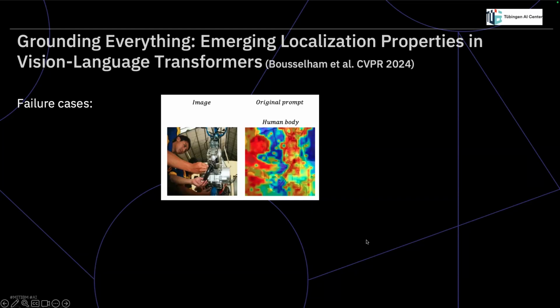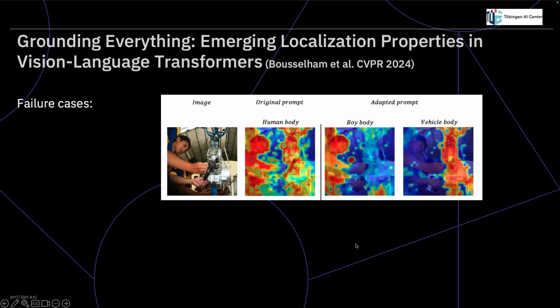The interesting finding we had is that the way CLIP understands prompts is in an additive way. What CLIP labeled when we prompted it for human body was first the body of the real human, but also the vehicle body or car body, because car bodies are usually also referred to as car body. And therefore, we got both here.